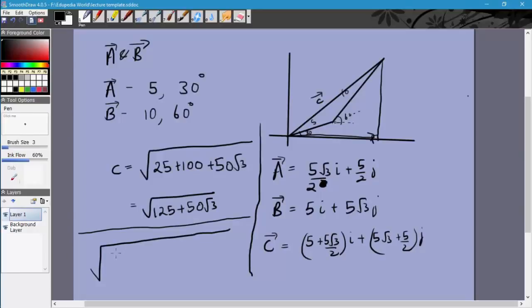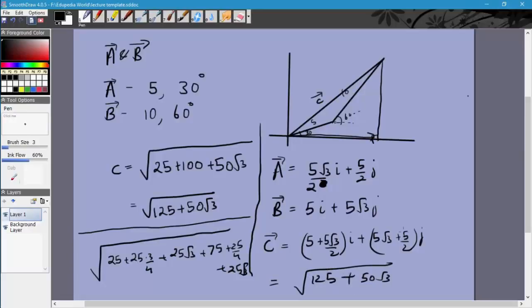So 5 plus 5 root 3 by 2 whole square will give me 25 plus 25 into 3 by 4 plus 2 into this, that is 25 root 3, plus once again this will be 75 plus 25 by 4 plus 25 root 3, which comes out to be root of, this is 50 root 3, and we are left with 75 and 25 and 25 or 125. So we see we get the same answer regardless of how we try to do it.